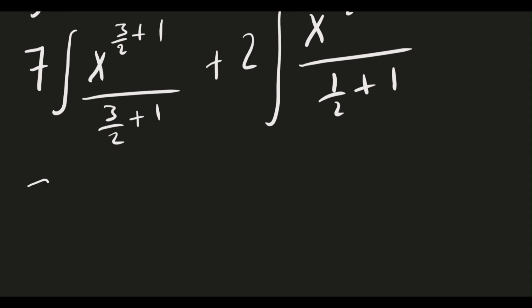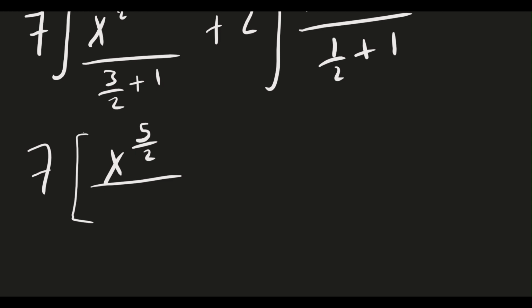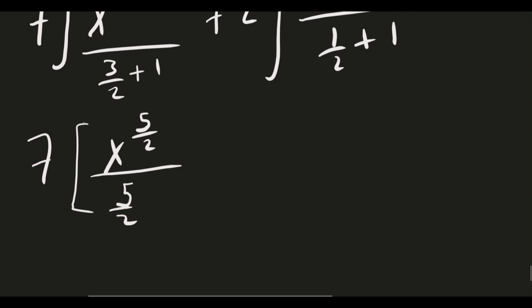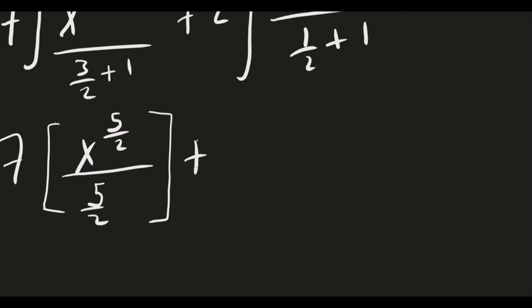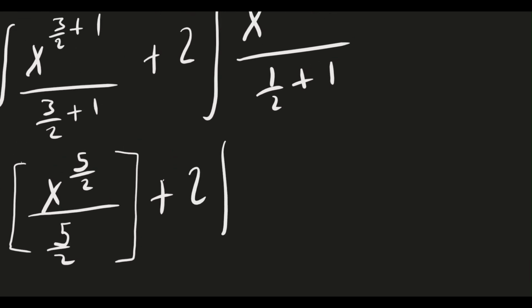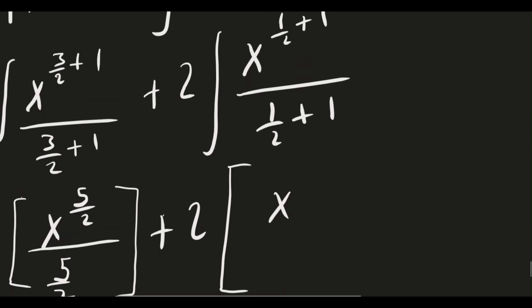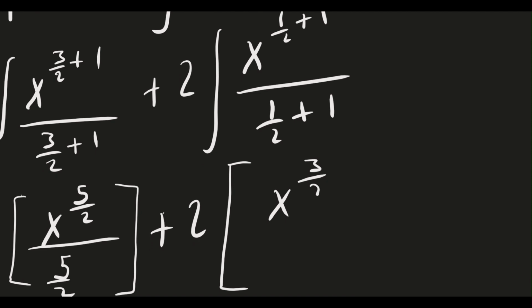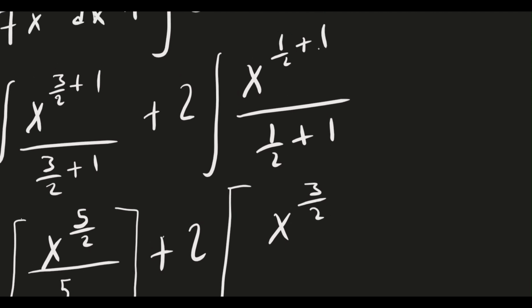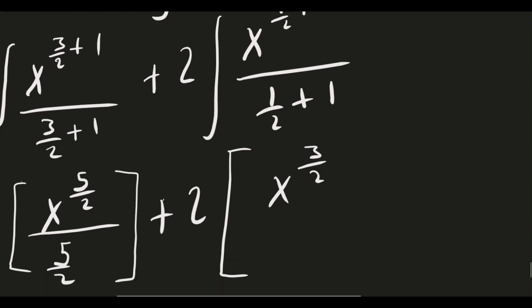So we can simplify this expression. Here is going to be x raised to the power of 5 over 2 over 5 over 2, plus 2x raised to the power of 3 over 2, because 1 over 2 plus 1 gives us 3 over 2.